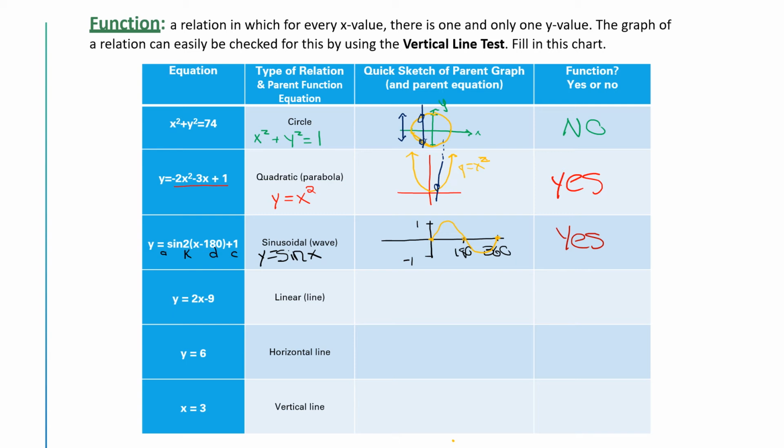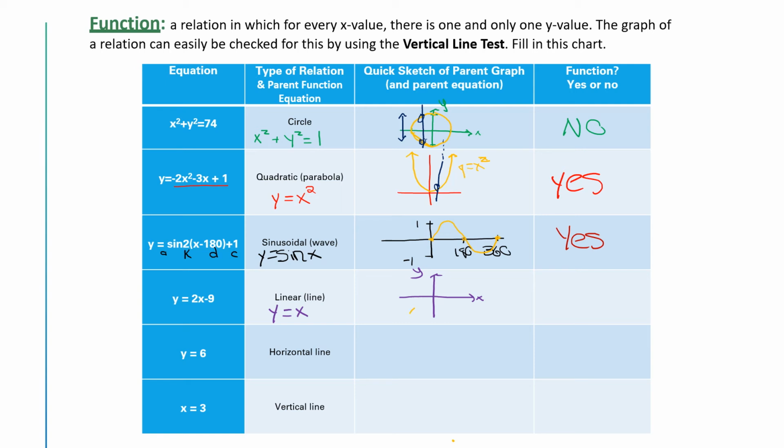The next one is a line. The parent equation for a line is y equals x. That's the parent graph for a line, so x and y-axis here. There's x, there's y. My equation of the parent graph has coordinates 1, 1, 2, 2, 3, 3, 4, 4, and so on.